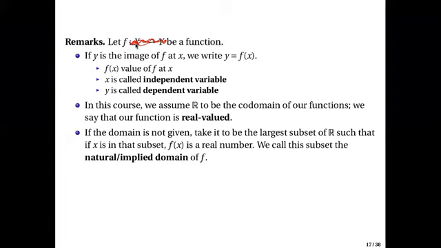We solve for this capital X using this condition. So we call it the natural or implied domain of F. We'll have several examples on finding the domain. That's one of the goals in this section. We will be asked to find the domain of your function.